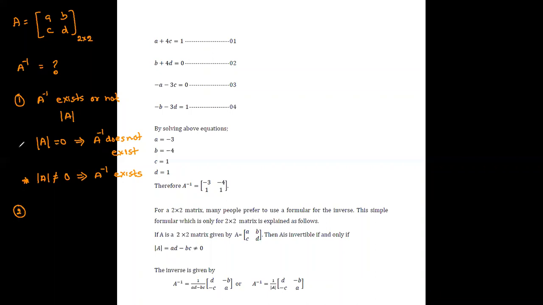To get the inverse for a 2 by 2 matrix, you can use this equation. A inverse equals 1 divided by AD minus BC.